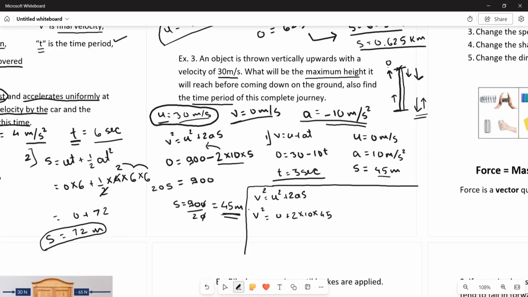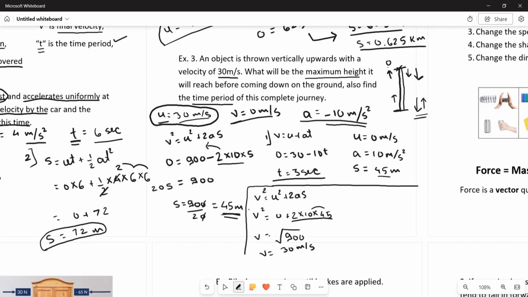So now our v will be equals to under root the product of these terms. So 2 times 10 is 20, and 20 multiplied by 45 is 900. So v will be equals to under root of 900, and this is equals to 30 meters per second.